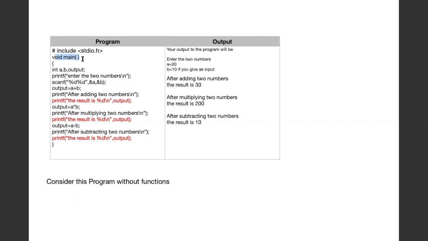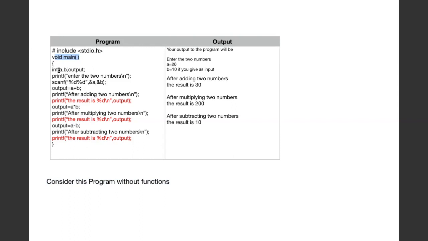As I said, the aim of the program is to find the sum, product and difference of two numbers. When we want to write a program, we first need to understand the problem. Here, the problem is to perform basic arithmetic operations on two operands, or two inputs.